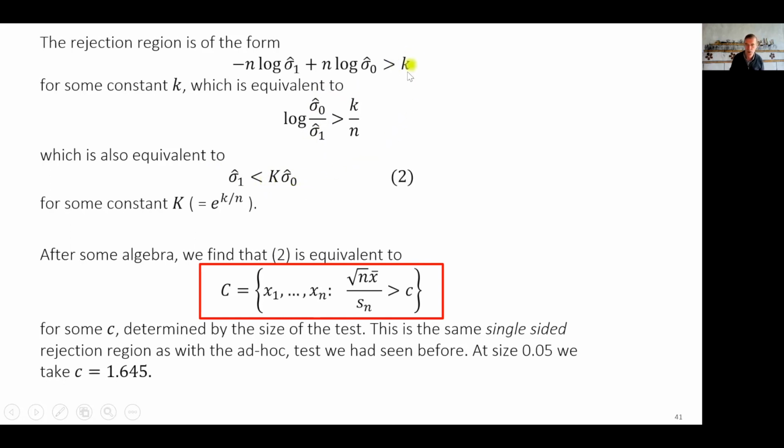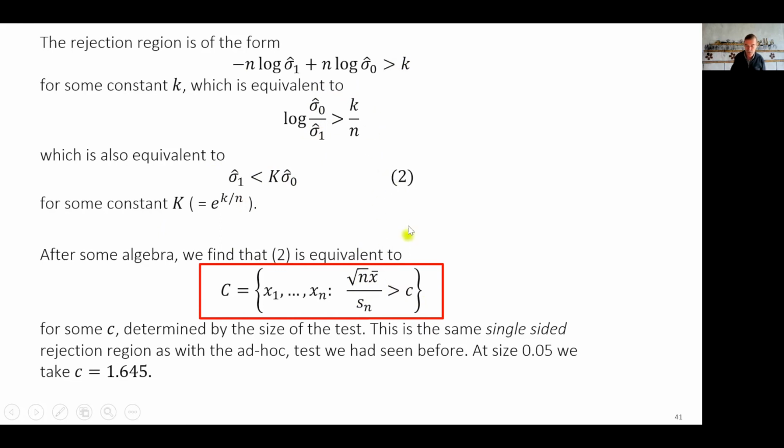Since we still don't know what it is, I just give a generic name, capital K, to this. And if we come back to the closed form of those two expressions, and spend a lot of elementary algebra, we will see that this is equivalent to saying exactly this form here, that the x bar is larger than some threshold that needs to be computed.